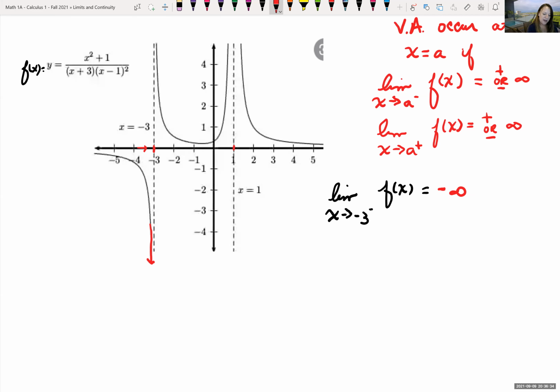If we look at the limit as x is approaching -3 from the right-hand side, notice that if we follow the graph on the right-hand side, this is shooting upwards. It's going off to positive infinity.